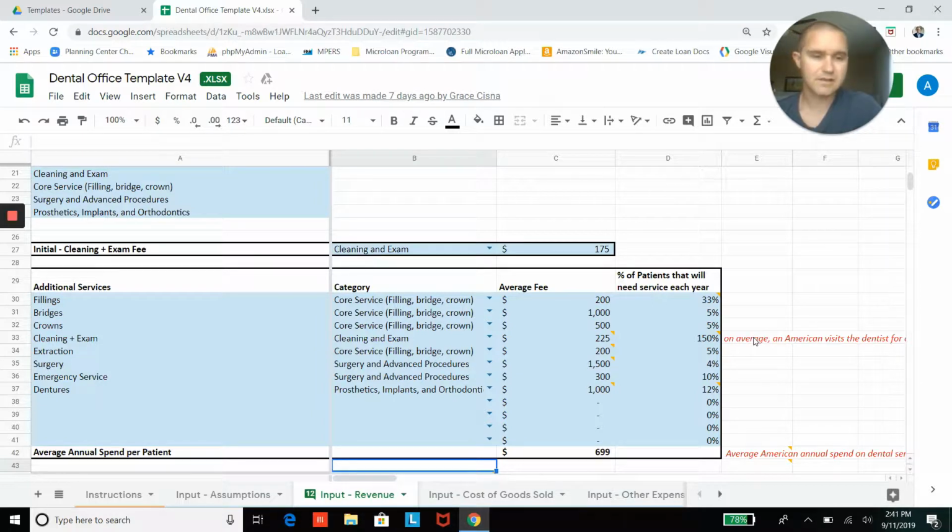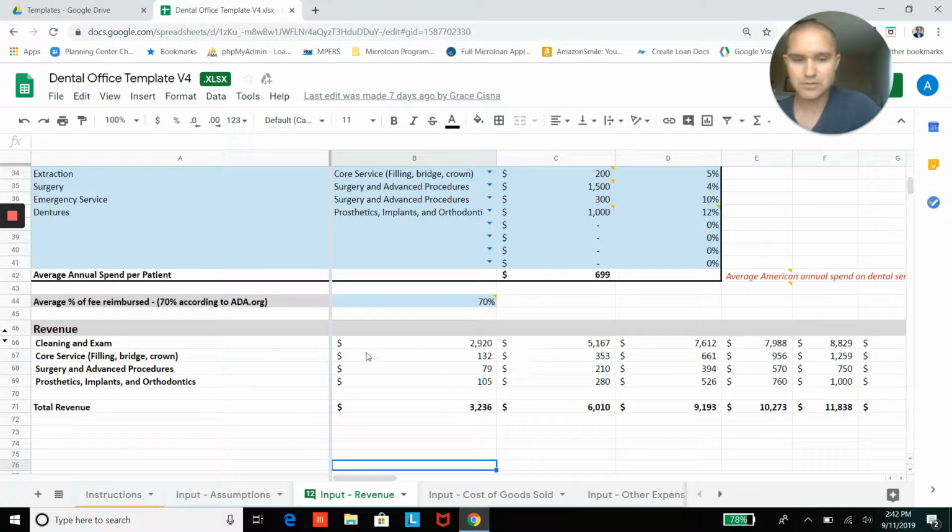So the idea there is if you're a good patient and you come back every 6 months as the dentist wants you to, you'd use that service 200% a year, 2 times a year. So here we're assuming that the average patient in your patient base comes 1.5 times per year for a cleaning and exam.